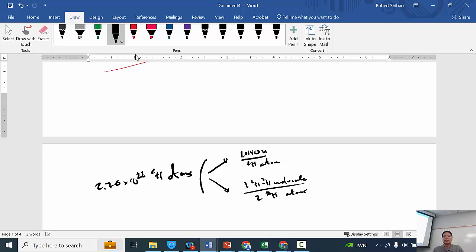The formula is a mole ratio or an atom ratio. I did moles earlier. This time I can do atoms instead. So for each deuterated hydrogen molecule, we have 2 deuterium atoms. That's pretty simple, correct?